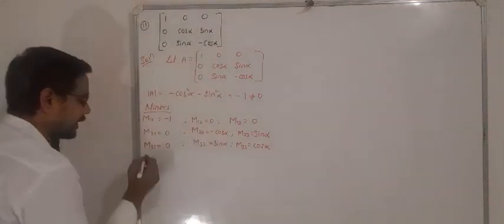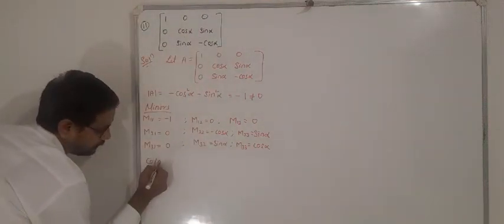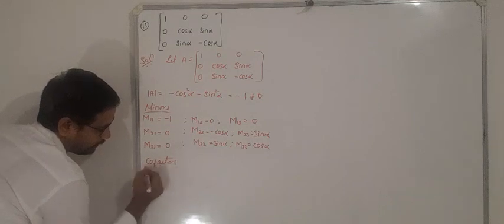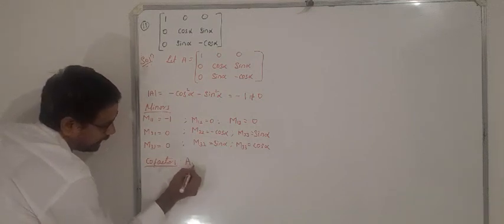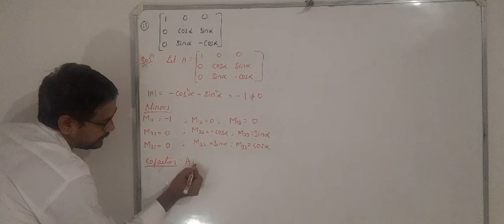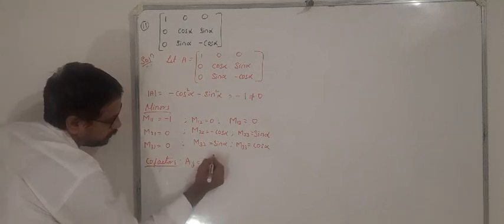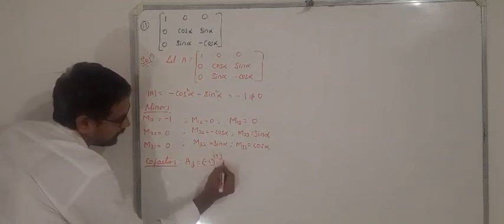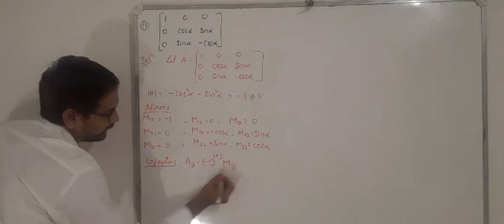So we can similarly find the cofactors, given by Aij equal to minus 1 to the power i plus j into Mij.